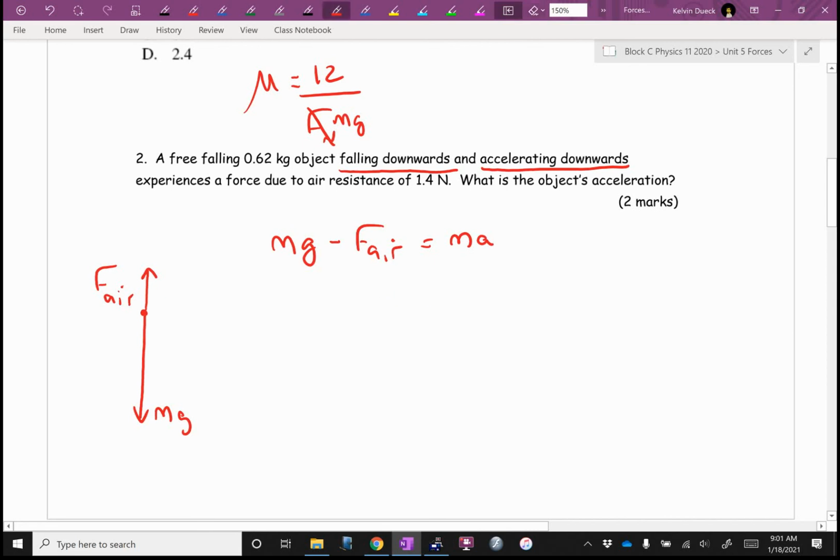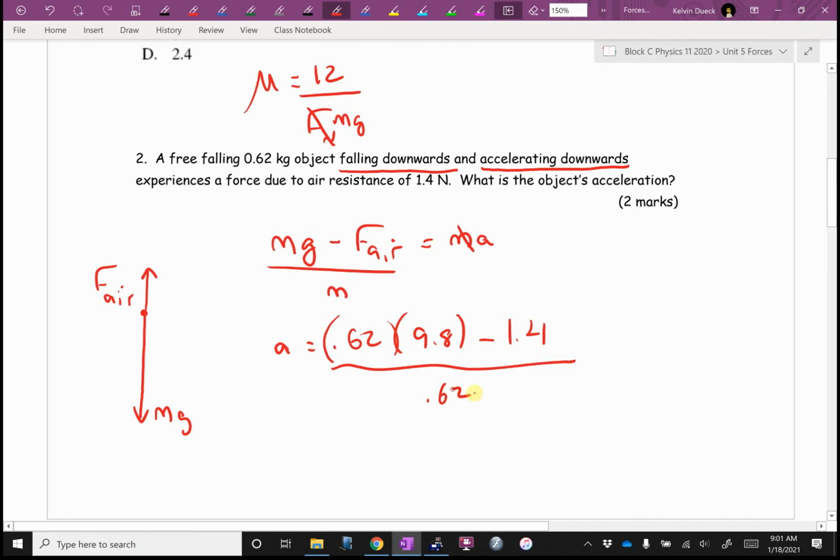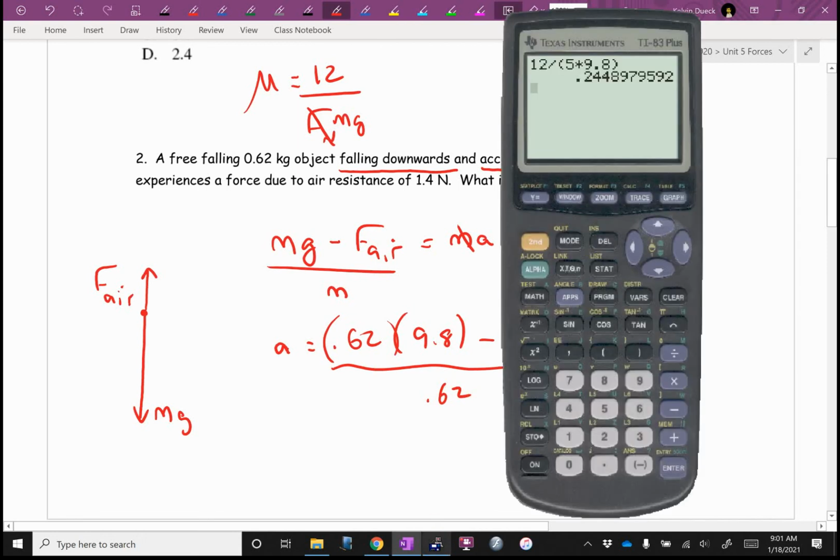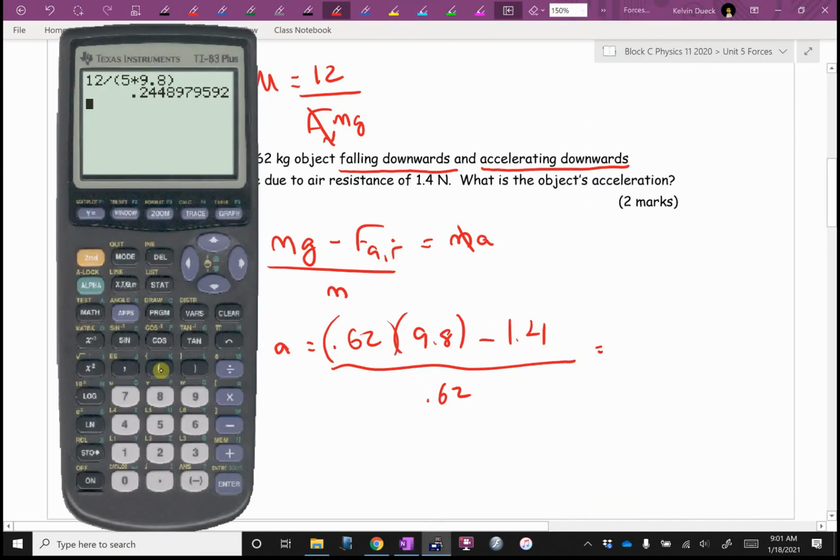Here I did the second version, so I'm going to use Shay's theorem. Looks like A is going to be 0.62 times 9.8 minus 1.4. 0.62 times 9.8.